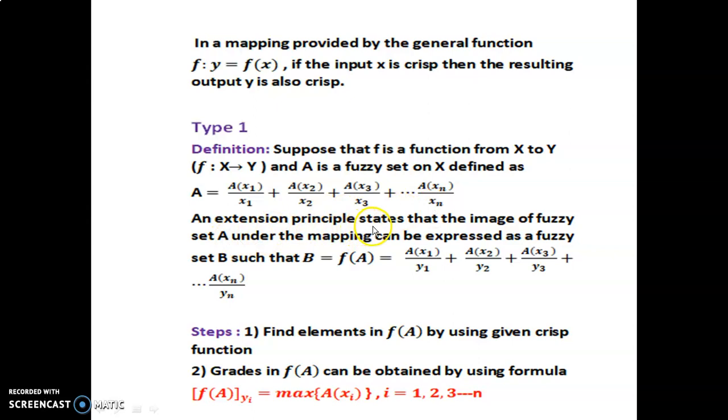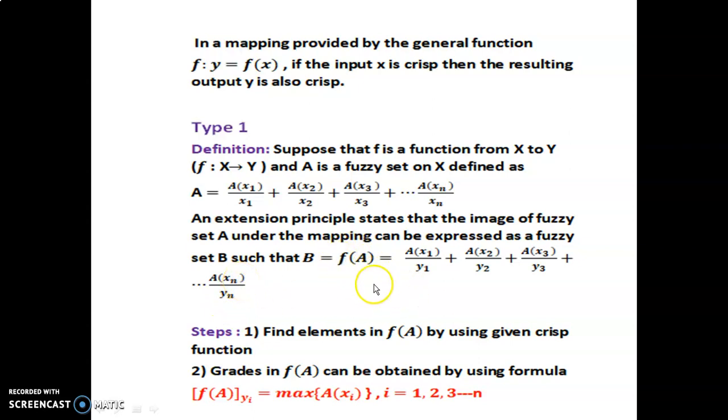An extension principle states that the image of fuzzy set A under the mapping can be expressed as a fuzzy set B such that B equal to f of A, which is obtained as: for the element y1 the grade is assigned as A of x1, for the element y2 the grade is A of x2, for the element y3 the grade is A of x3, and so on. For the element yn the grade is A of xn.